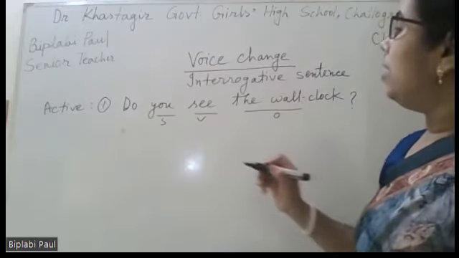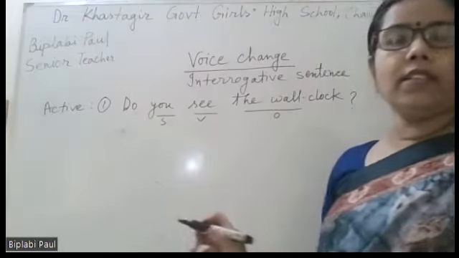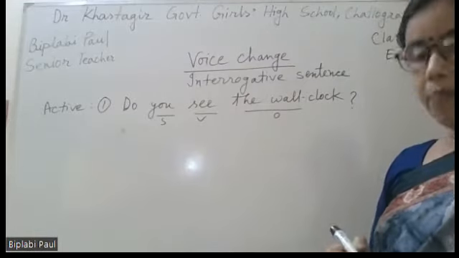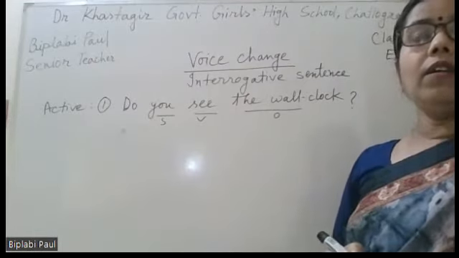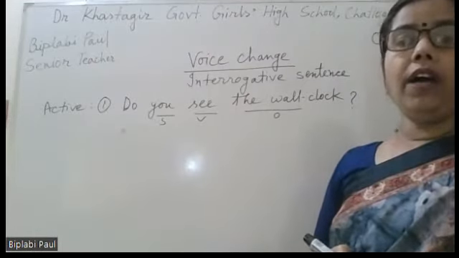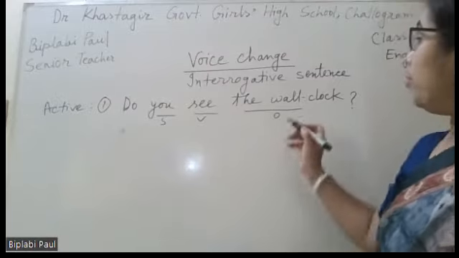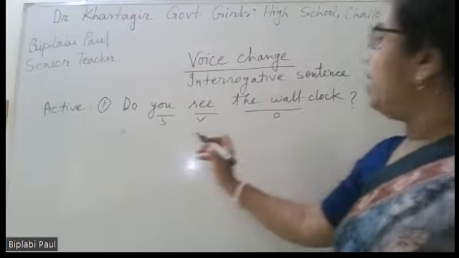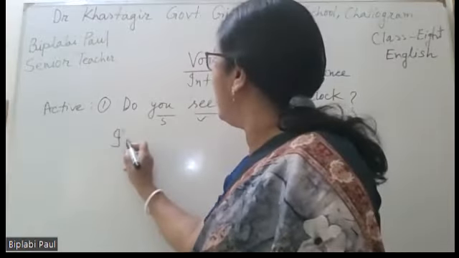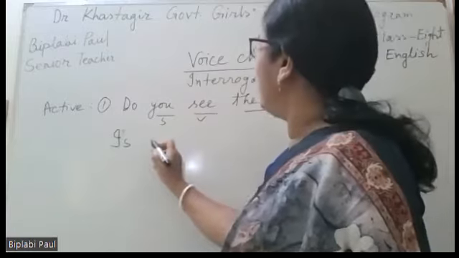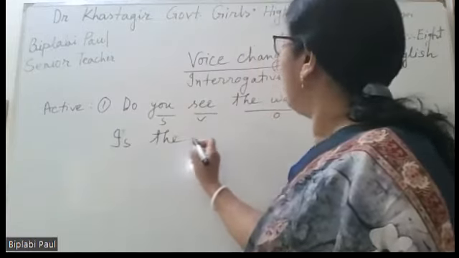For this, if there is do or does, you have to place am, is, are in front of the object. The object is wall clock, so the answer will be is. Is the wall clock seen by you?